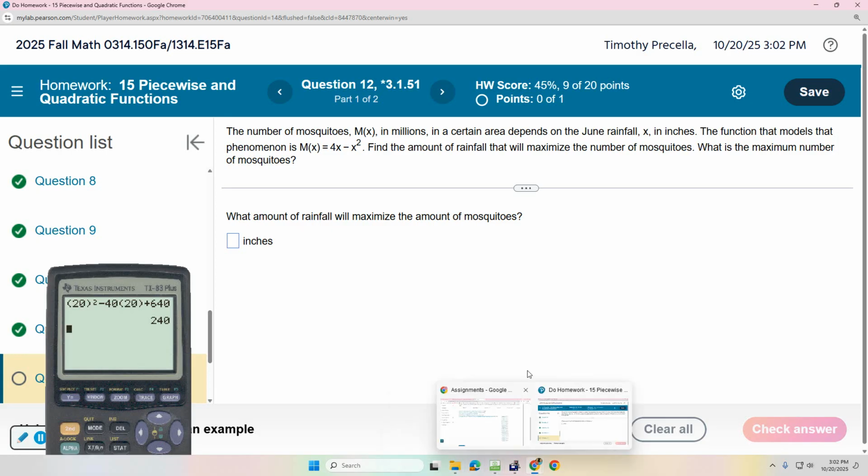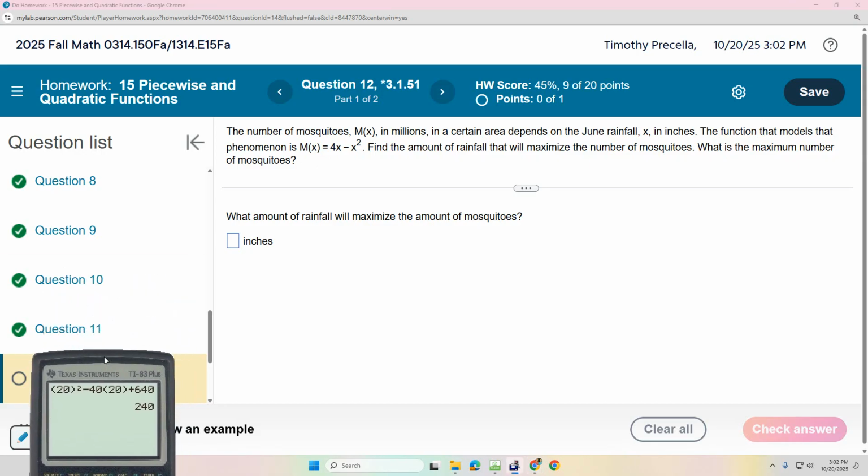Number 12. The number of mosquitoes, M of X in millions, depends on the rainfall in June. The function that models this phenomenon is M of X equals 4x minus x squared.